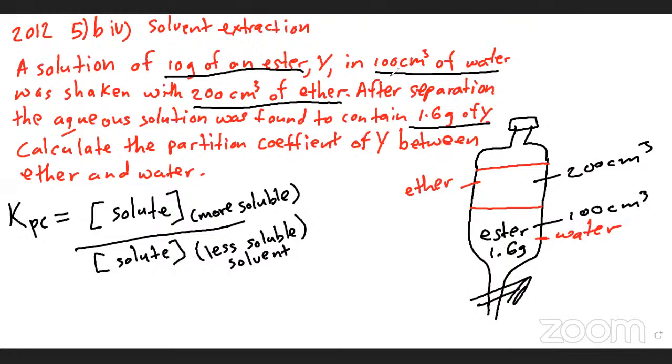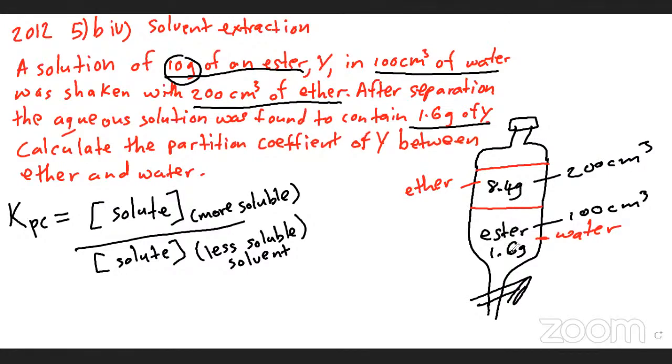It would have went in the ether. So at the end of the process, you have 1.6 gram in the water and 8.4 gram in the ether. So when we're going to do our calculation, this 10 gram here is not going to come into play. You have to remember how it is distributed.